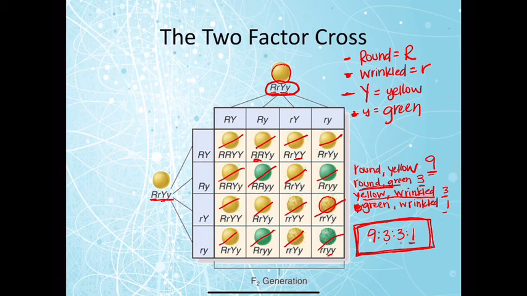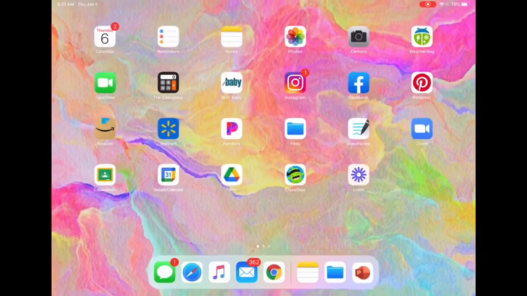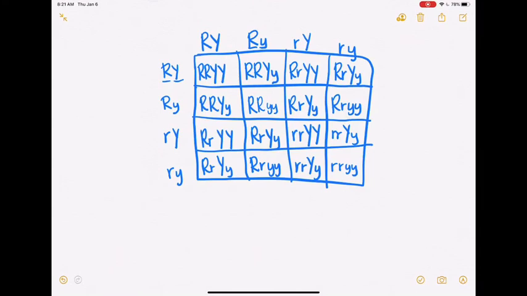Okay? So this is the hardest Punnett square that you'll do. It's the biggest Punnett square that you will do. It is a little bit tedious. This one was nice because it already had the diagrams shown, which ones were round and yellow. But if you were working through that Punnett square like we did here, you would have to look and be like, that's round and yellow, that's round and yellow.